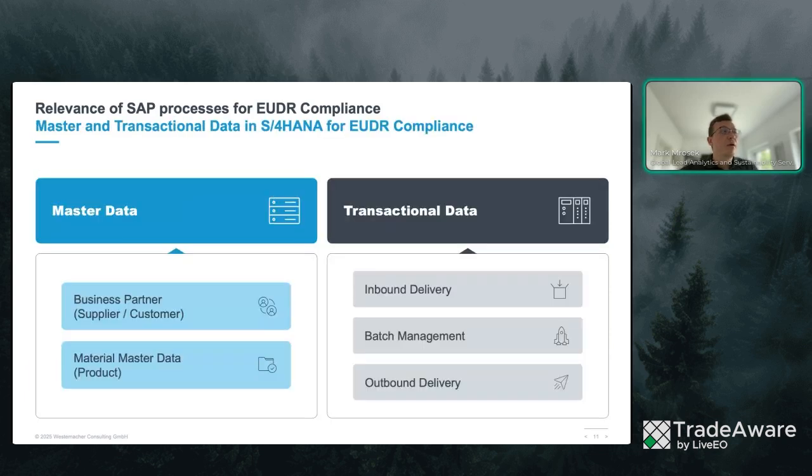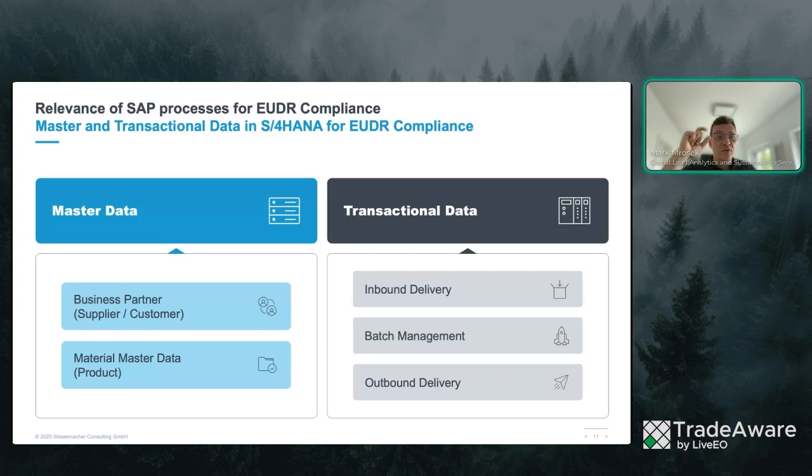If we now go a bit deeper into it, we should look at the master and transaction data needed for fulfilling EUDR and being compliant. And with regards to SAP, there are basically two components in the master data. One is the business partner. So that is where you have your suppliers and customers in.